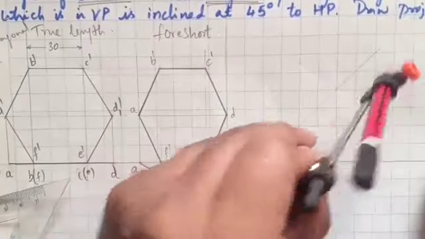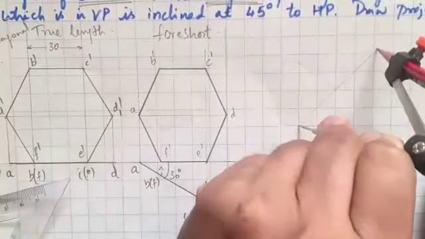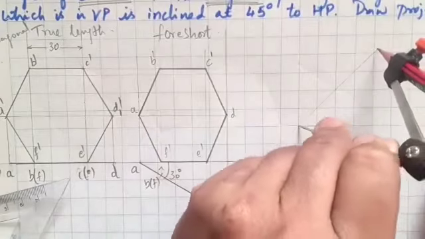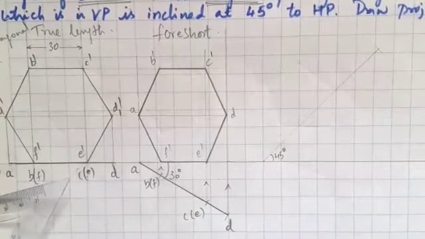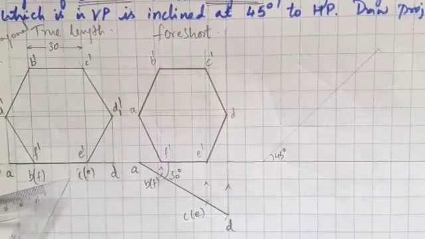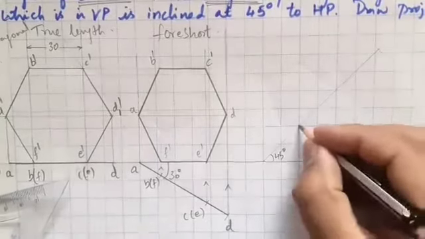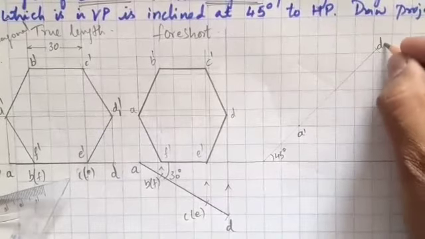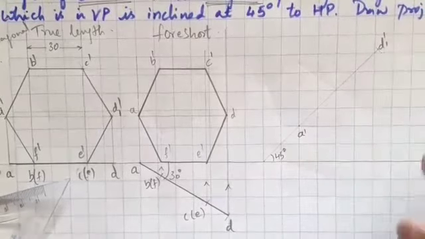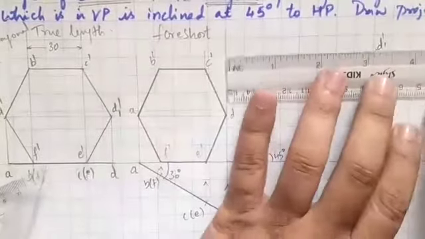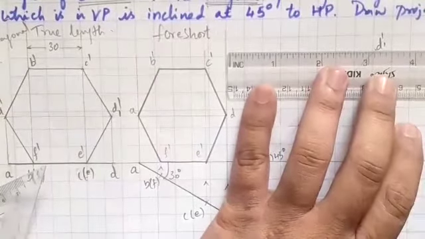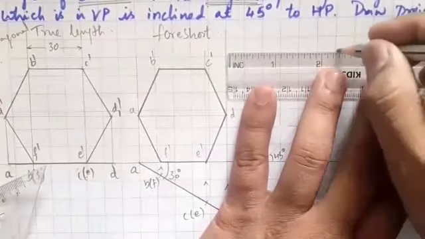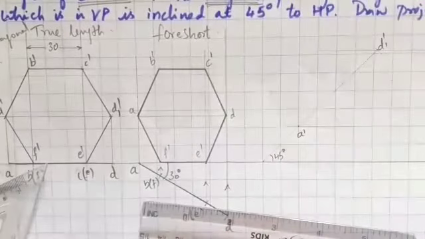Take a convenient position, mark it here and name it immediately, otherwise you will go wrong. Naming means this is my position A dash, this is my position D1 dash. Draw a locus at D1 dash like this.